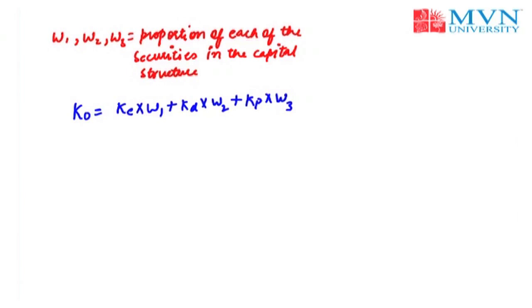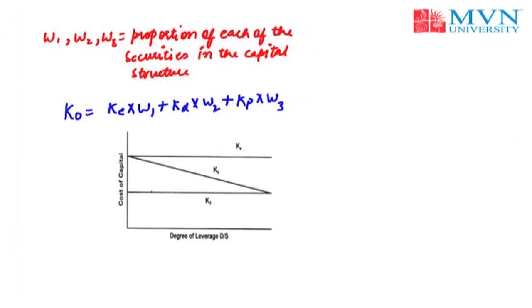Now let me introduce you to the model of the net income approach. As you can see from the model, the net income approach basically shows the effect of leverage on the overall cost of capital. We have taken degree of leverage on the x-axis of the model and cost of capital on the y-axis of the model.